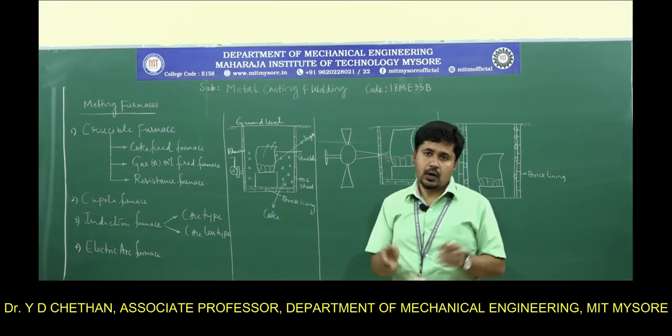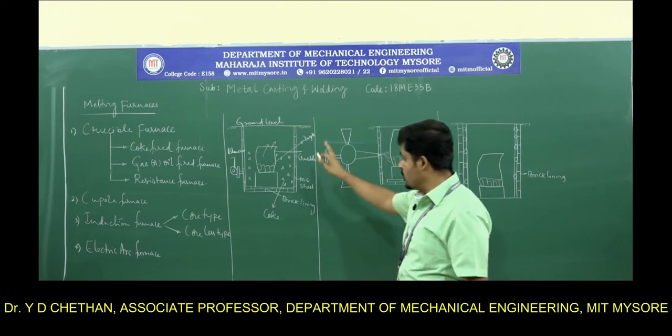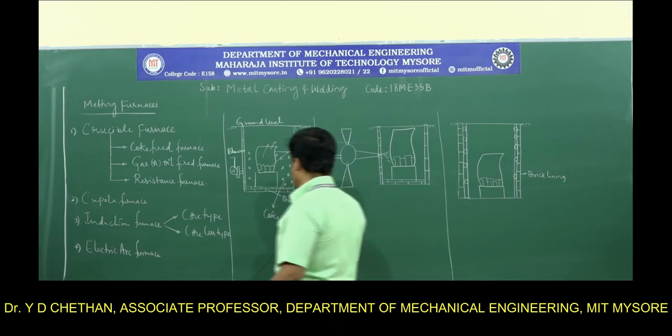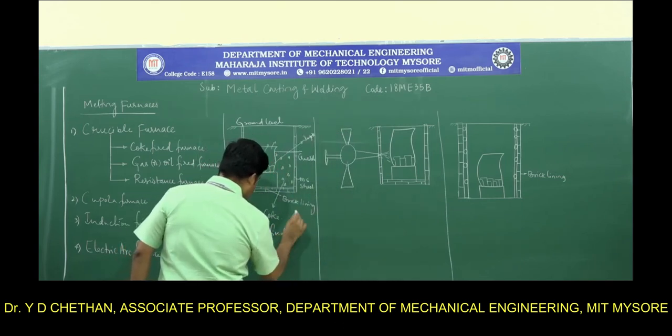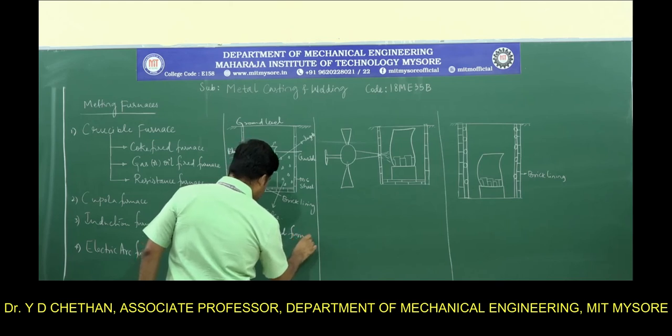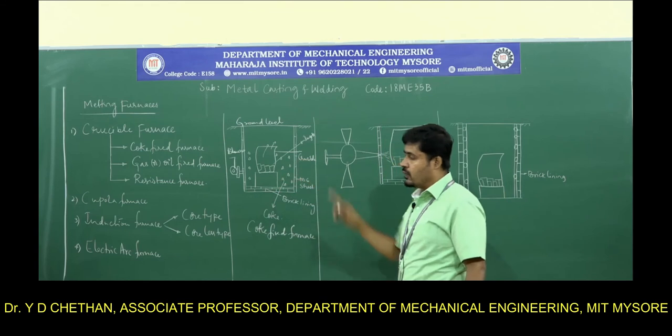After solidification and cooling, you can take out the product, which is called the cast. That is the concept of the coke fired crucible furnace. The next type is the gas or oil fired furnace.